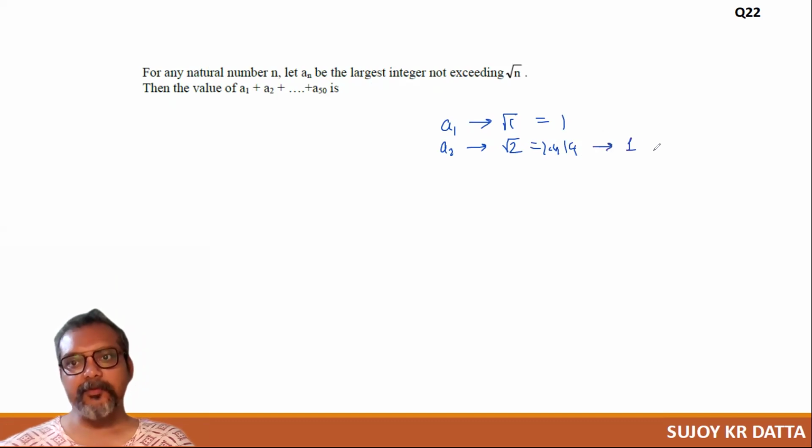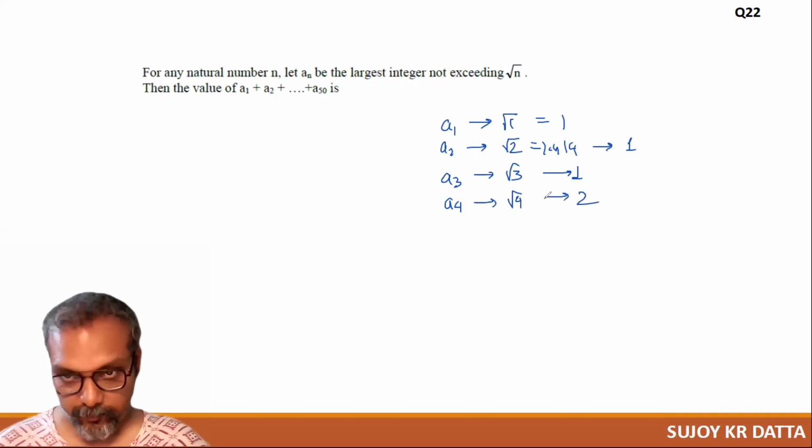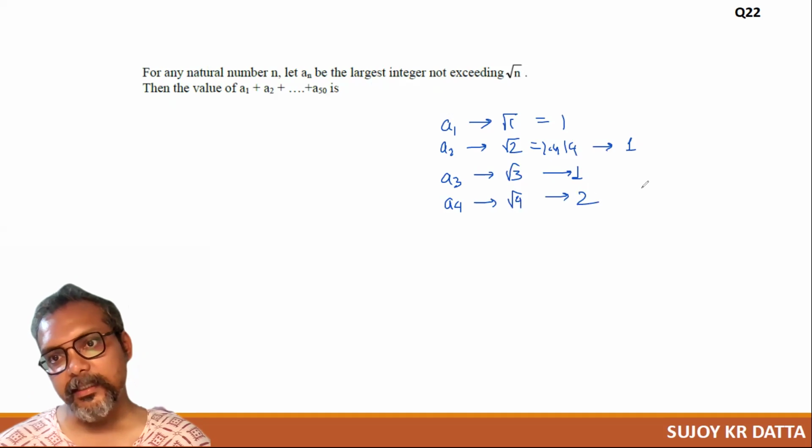So that means this will also be 1, because 2 will exceed. a3 will be less than 2, right? So it will also be 1. a4 will become 2.